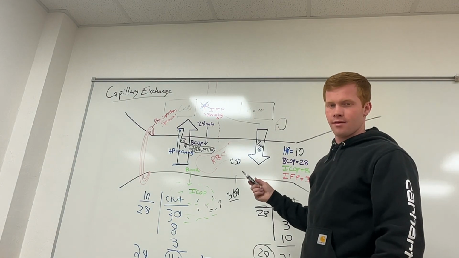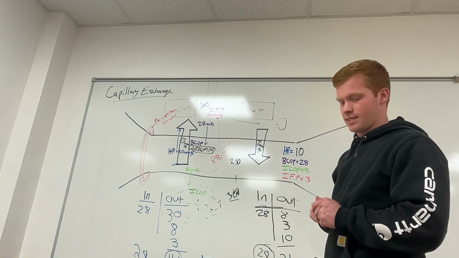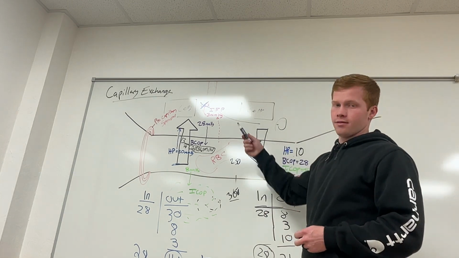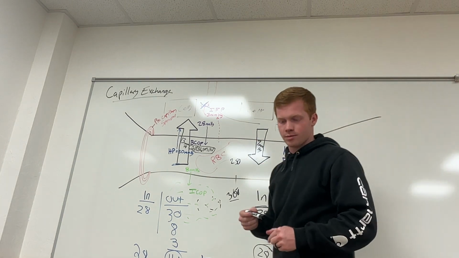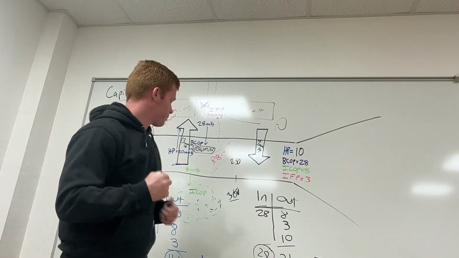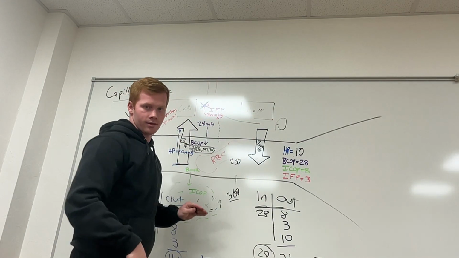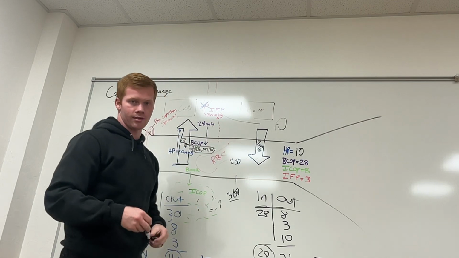So that's, if that makes sense. I can't explain it super well because I don't know exactly, but that plays a part, and it's important we have the lymphatic vessels because it helps keep it all balanced. And it balances out the difference of 13 going out, 7 coming in.